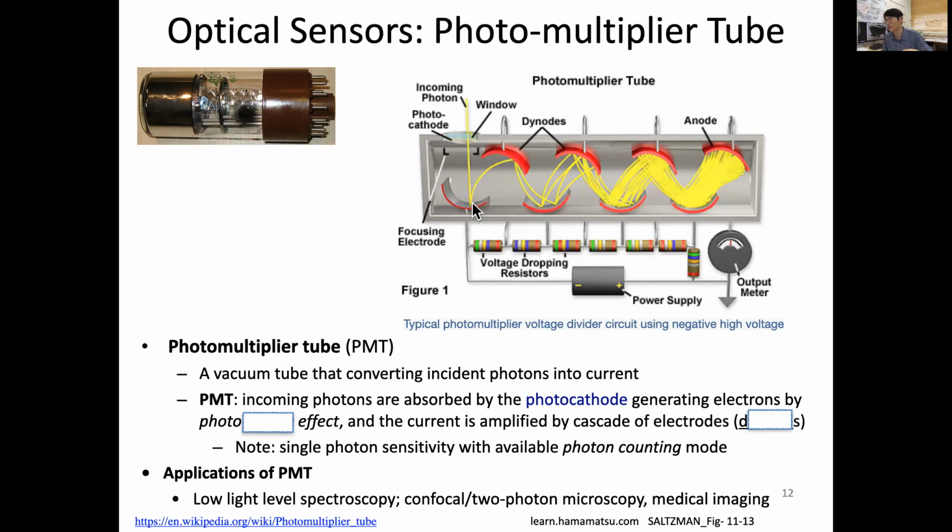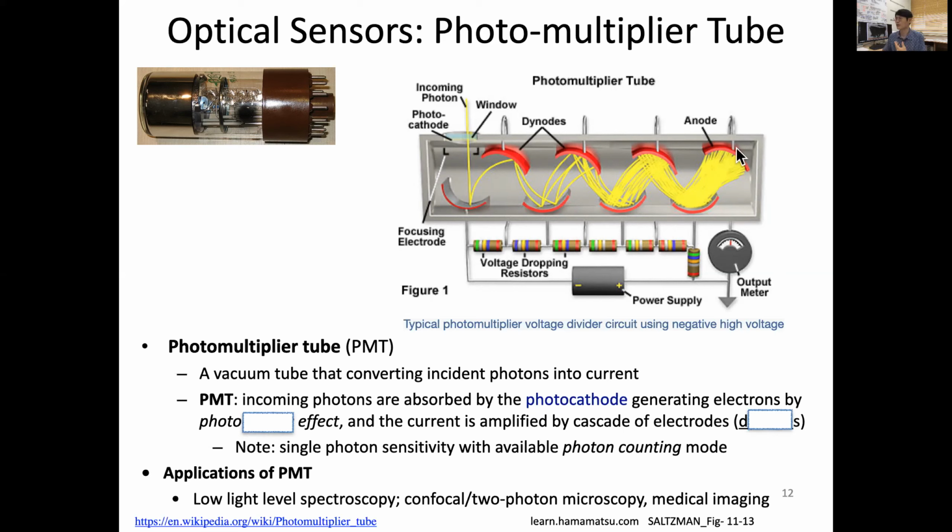Another electrode is probably about 100 volts higher than this, so that the electrons move toward it and hit, and then there are more photoelectrons, and we do this over and over again, reaching this final electrode, which we call the anode, because this part is the cathode and the other part is the anode. So a huge amplification or multiplication of photoelectrons getting in generates a photocurrent. So that's the principle of the photomultiplier tube.